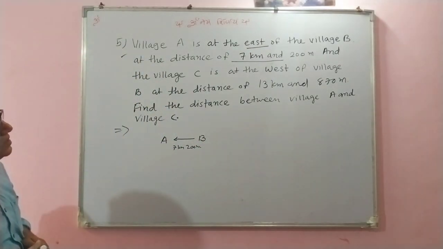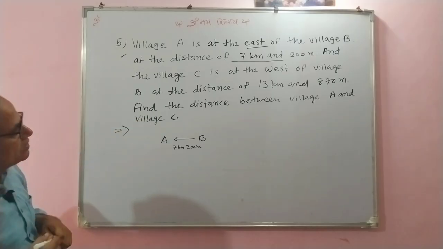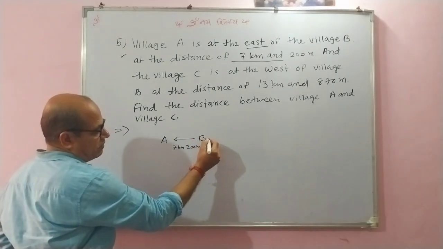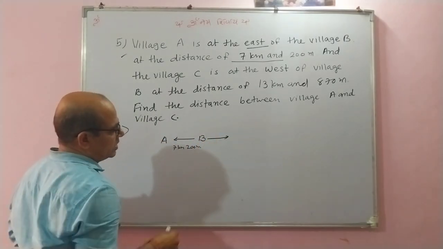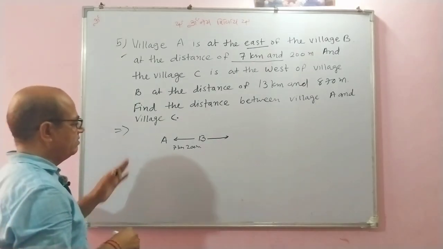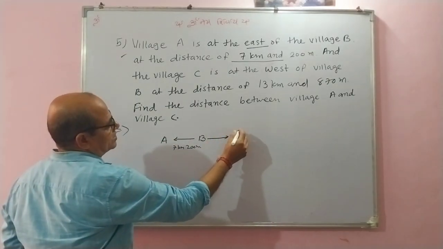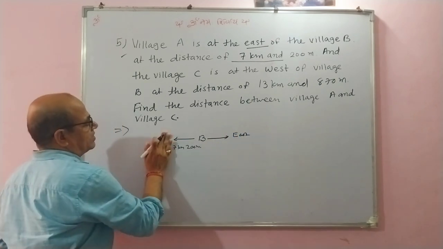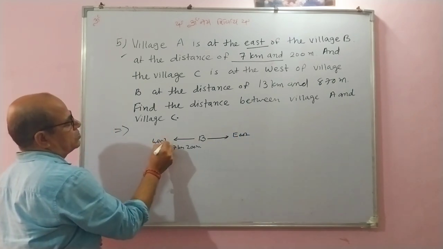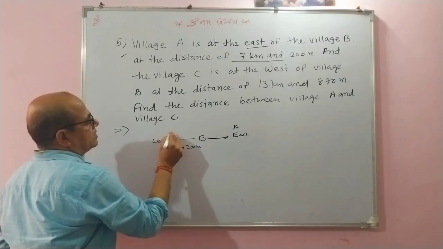Now the second condition is, village C is at the west of village B. Village B is there, west means right hand side. Okay, actually, sorry, east here and west here. So A will come here and C will come here.